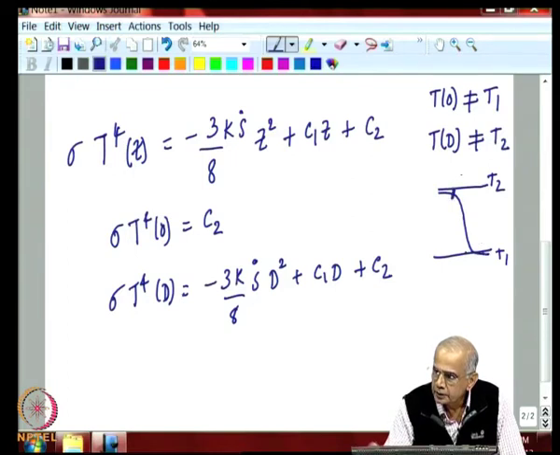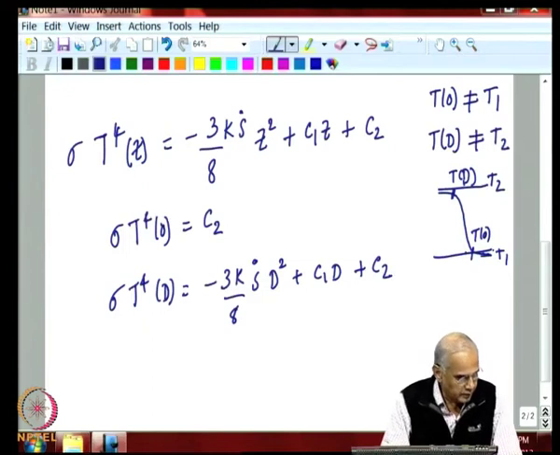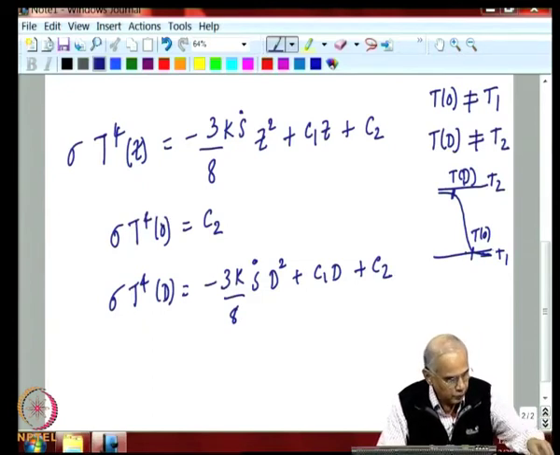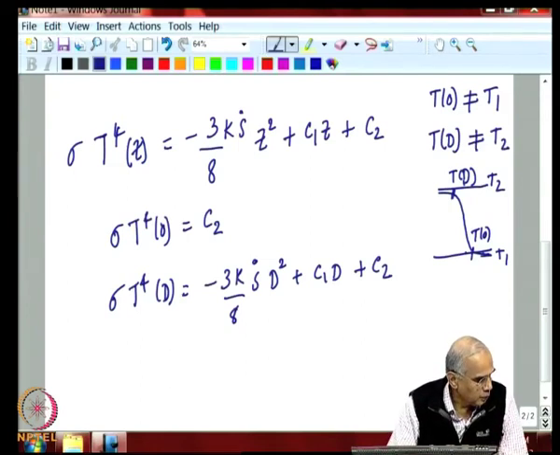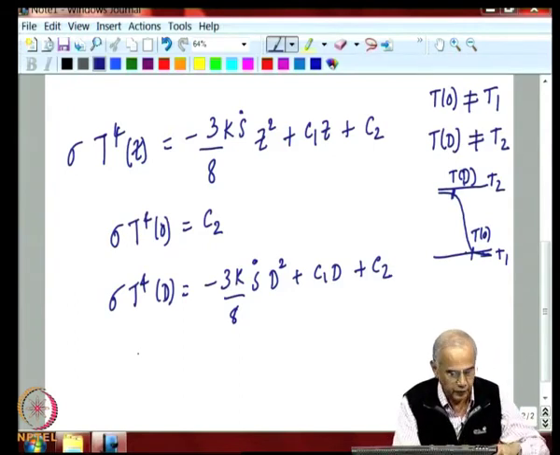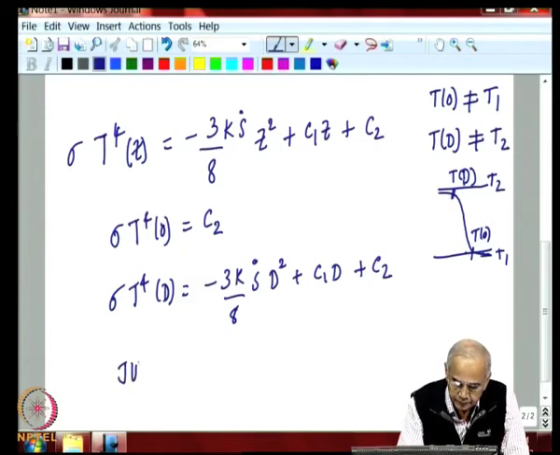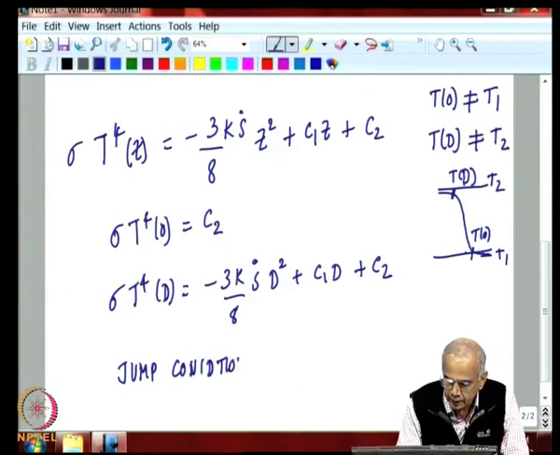So, this temperature is T of d, and that is not equal to T2, and here you have T of 0, that is not equal to T1. So, we have to relate the T of 0 and T of d to the wall values. So, we have to use what we derived earlier called the jump conditions. That is essentially applying the condition which came from flux continuity.